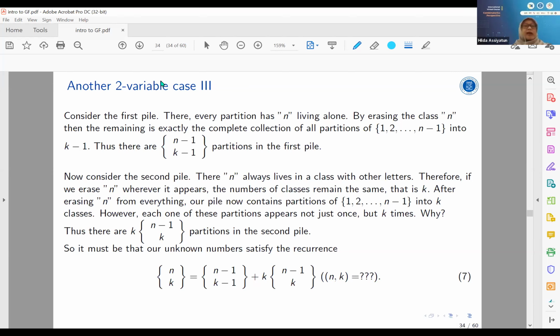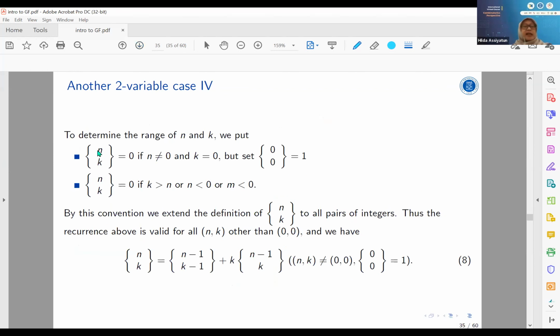If we look at this, we note that the number equals 0 when n is not 0 but k is 0. If there are no classes, of course there is no way to do it, so that will be 0.